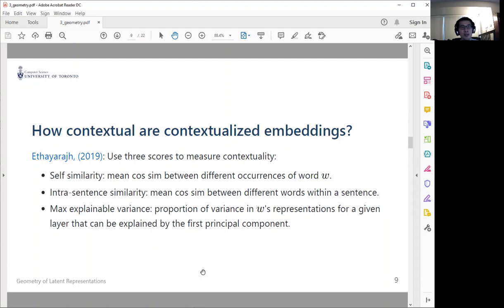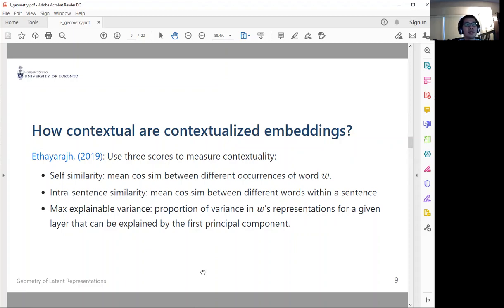If the word is polysemous, it's more likely that the meaning of that word is dependent on the context. But on the other hand, if the word has only one meaning, then it's sufficient to represent that with a static embedding. But anyway, let's look at these 3 scores.